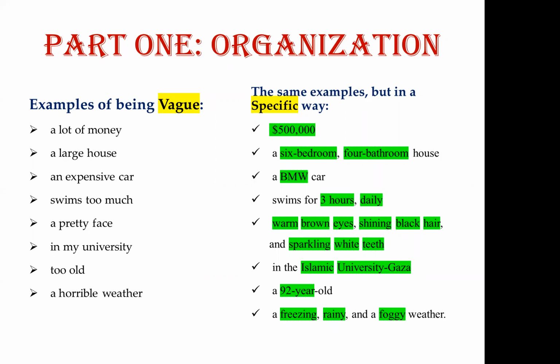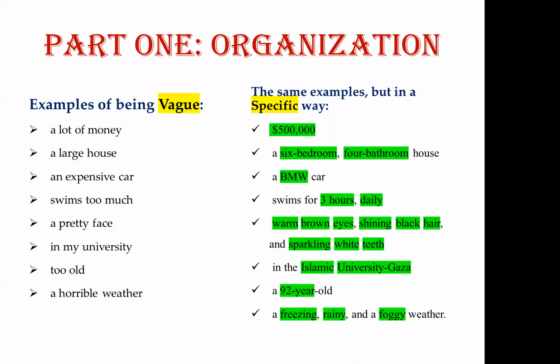How can I fix these sentences and turn them into sentences that hold some specific information or some specific details? When I say a lot of money, I must be specific and explain this sentence by saying $500,000.